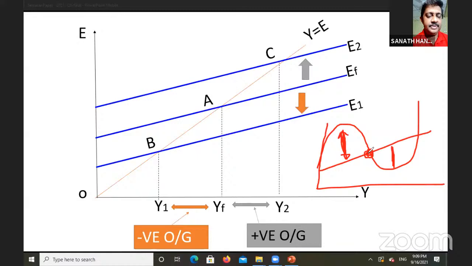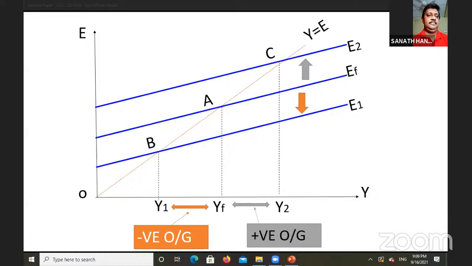Here, zero gap. So if they ask to present output gaps using the business cycle, then you have to use it. But if the question does not specify, you can use any diagram to explain. Right, write down.